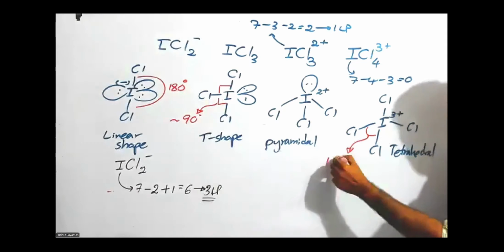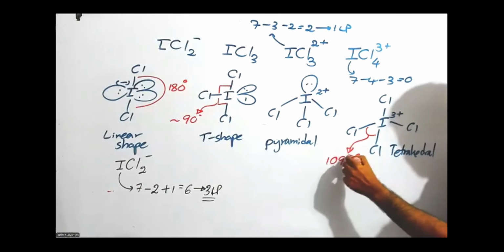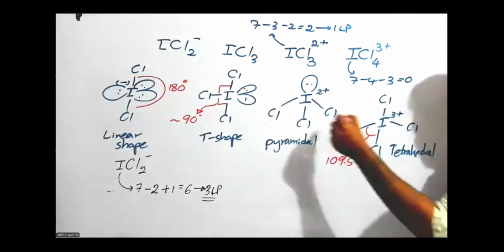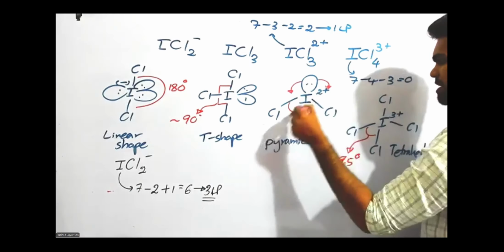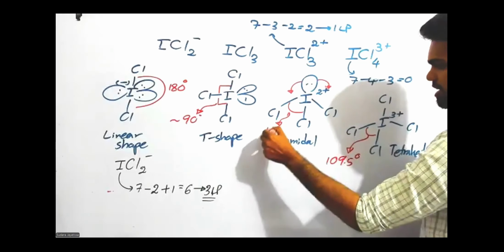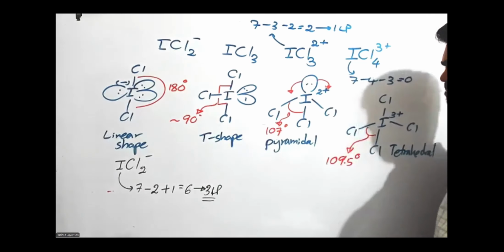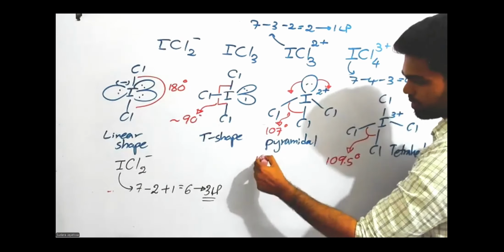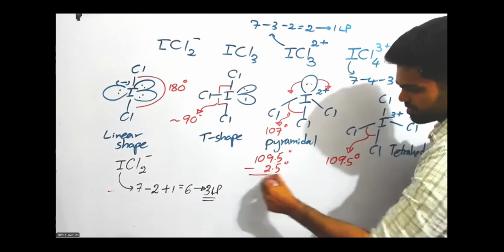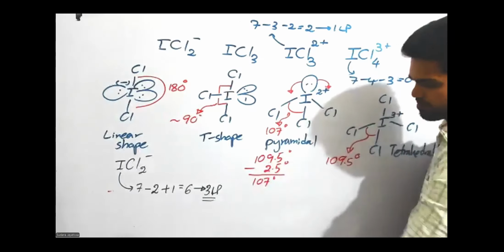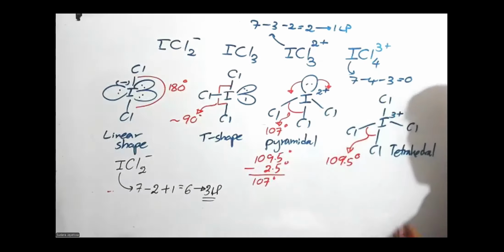So the ideal bond angle 109.5 will come. But here, the bond angle will be a little bit lower because of the repulsion from the lone pair. So it's going to be 107 degrees. Remember, we subtract 2.5 degrees for one lone pair. So these are the bond angles.